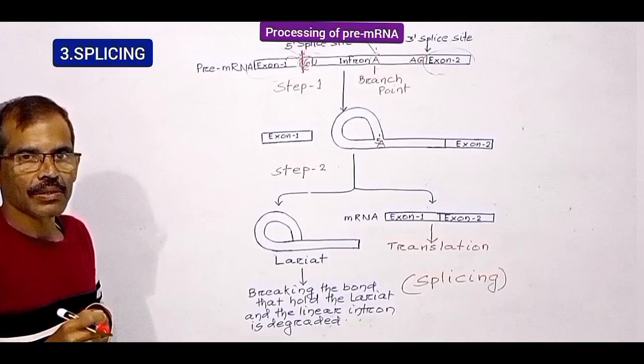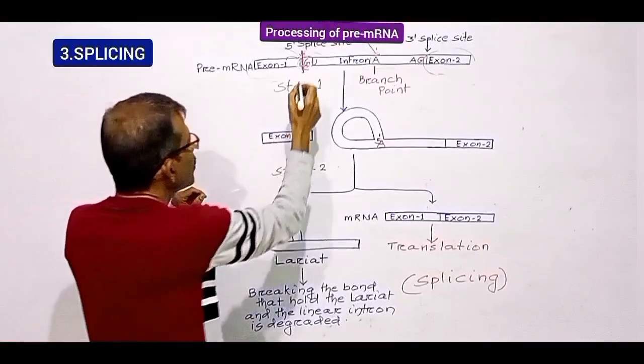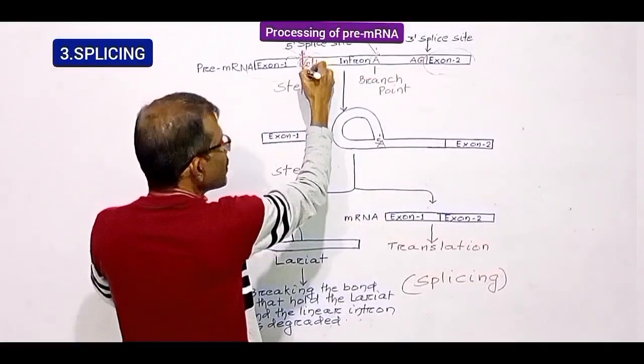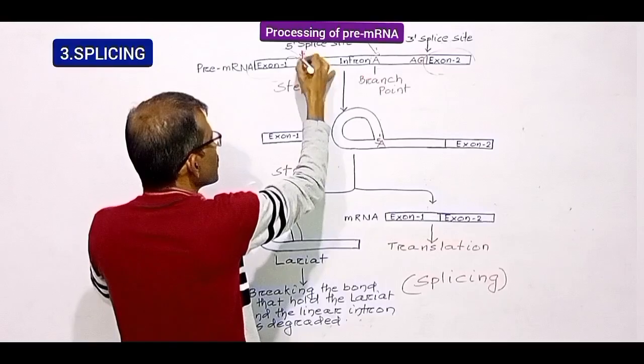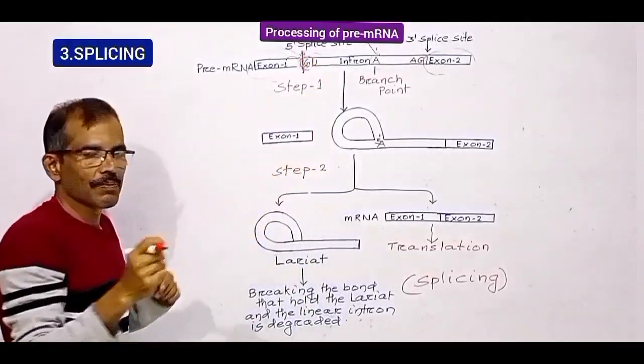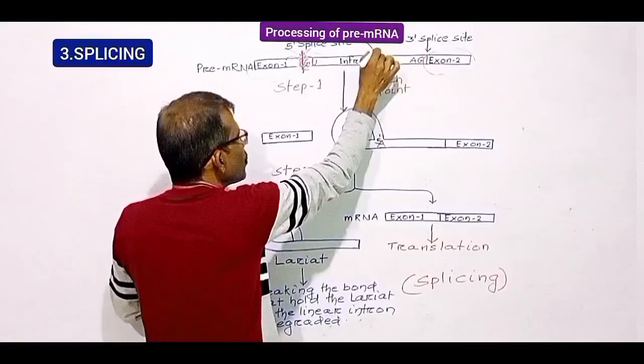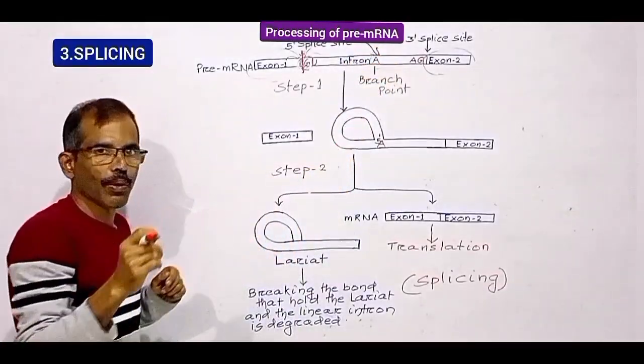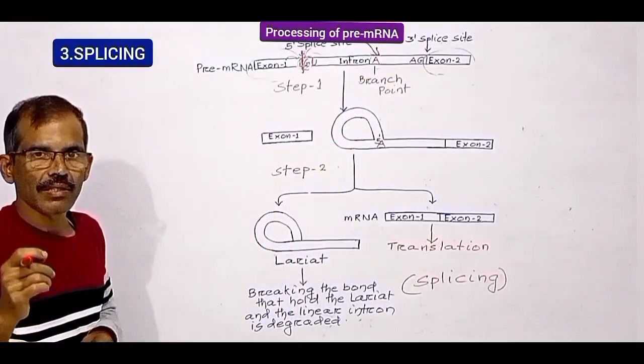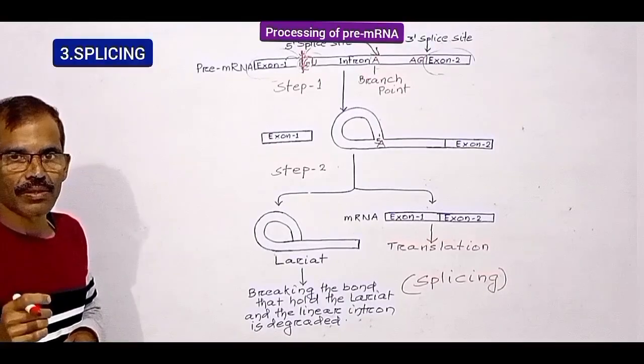In this reaction, the guanine nucleotide present in the consensus sequence of the 5' splice site bonds with the adenine nucleotide of the branch point through a transesterification reaction.